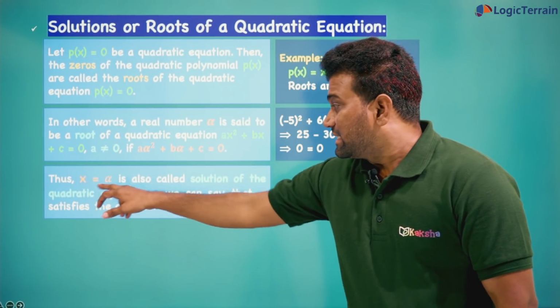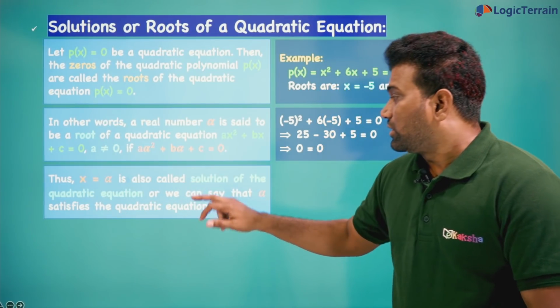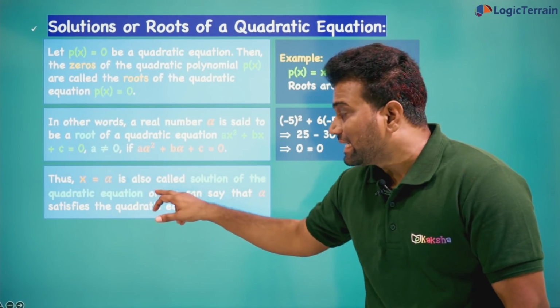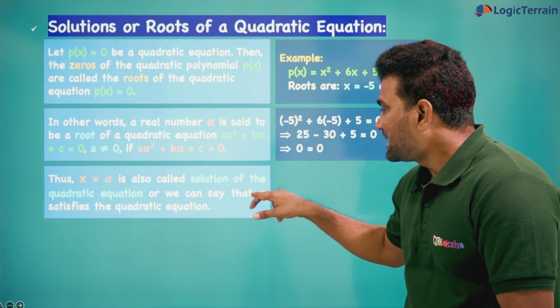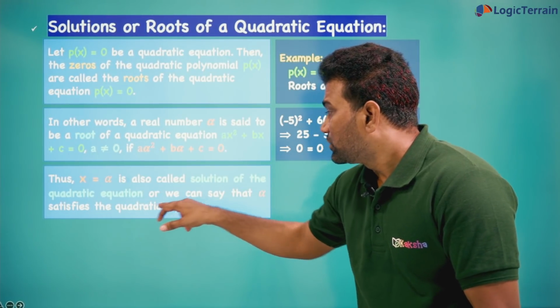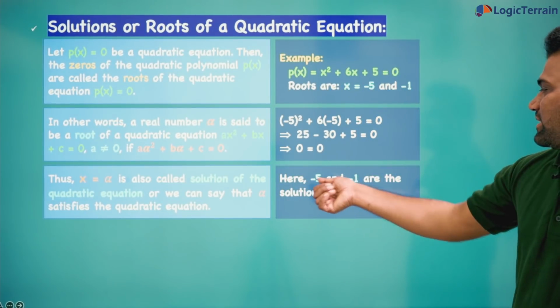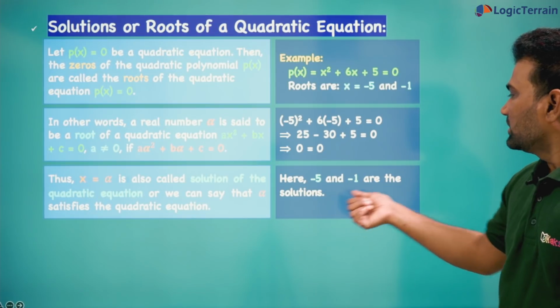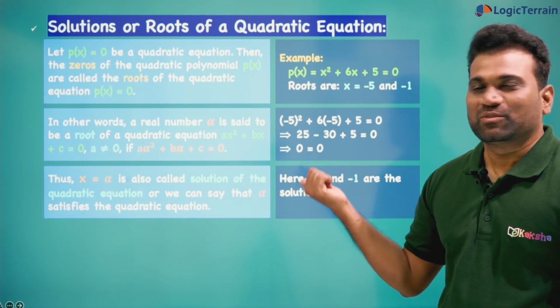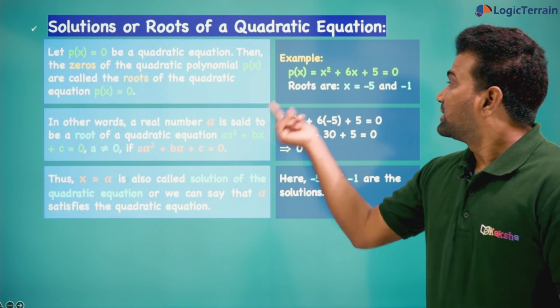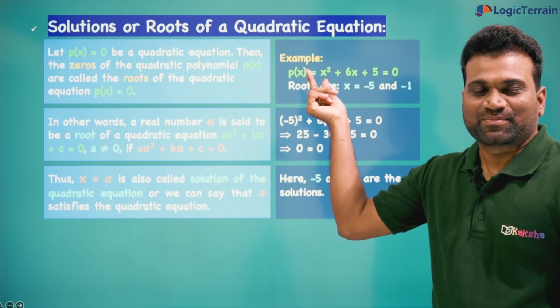Next. Thus, x is equal to alpha is also called solution of the quadratic equation, or we can say that alpha satisfies the quadratic equation. We have already discussed. Here -5 and -1 are the solutions, or we can say these two satisfy the given quadratic equation.